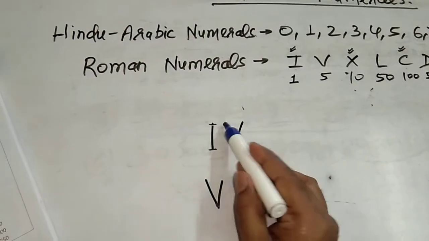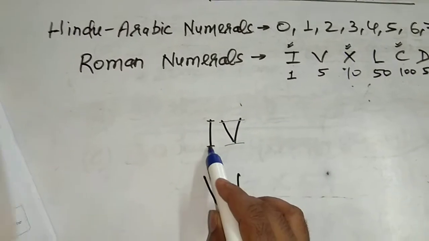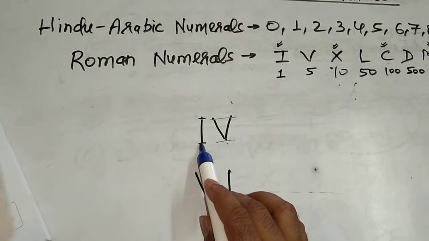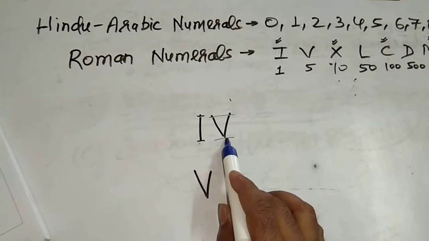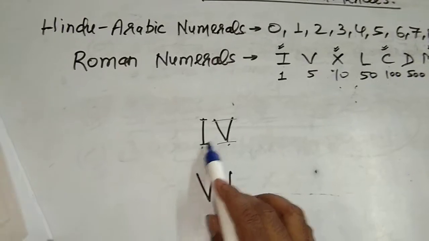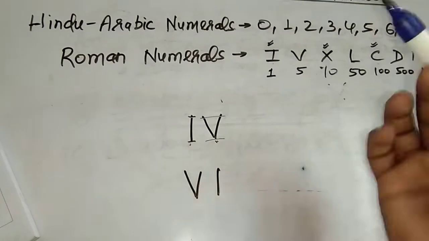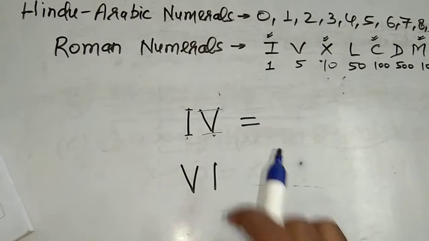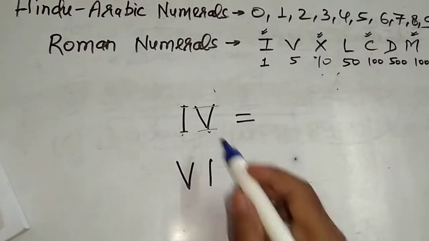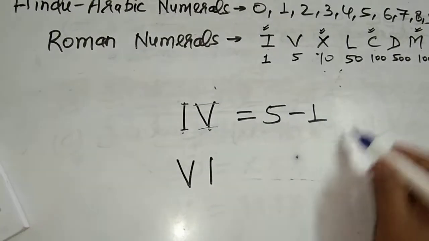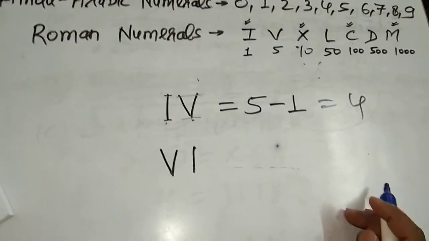I is 1 and V is 5, I is smaller, V is greater. If we write a smaller symbol first and a larger symbol after it, then the rule of subtraction takes place. Greater is 5, smaller is 1, so it becomes 4.